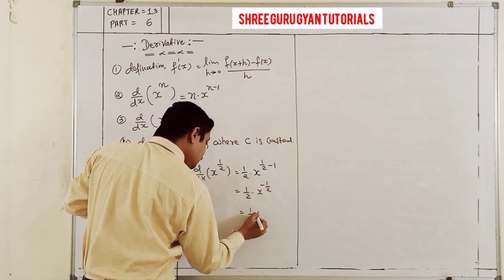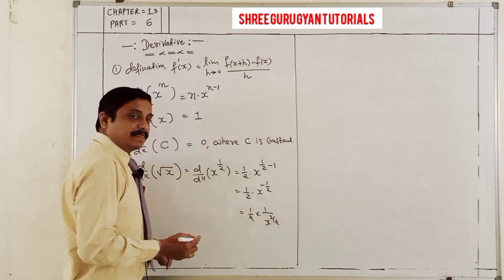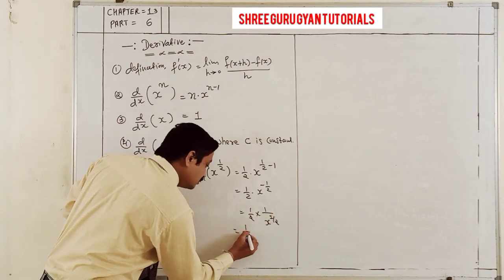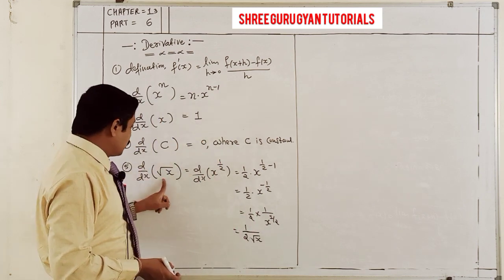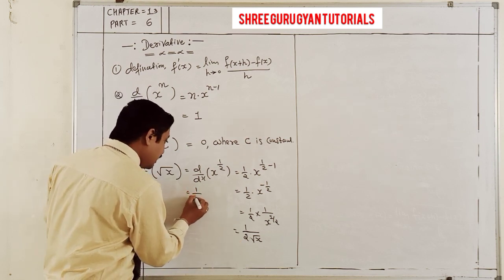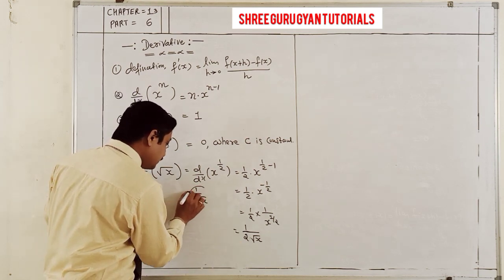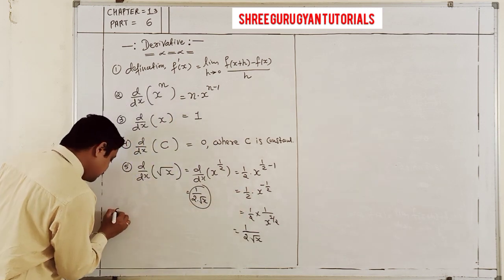It means 1 by x raised to half, which you will write as 2 times root x. So this is the property for the root x derivative; always learn by heart: 1 by 2 root x. That's your differentiation. Now continue to 6.